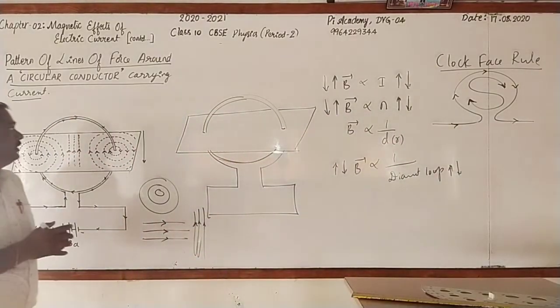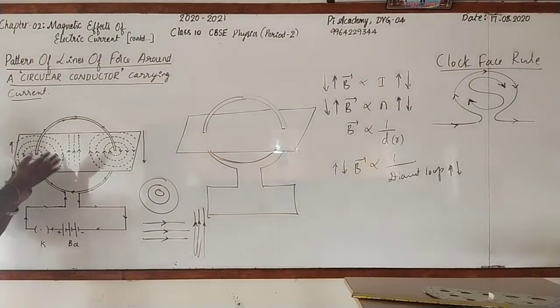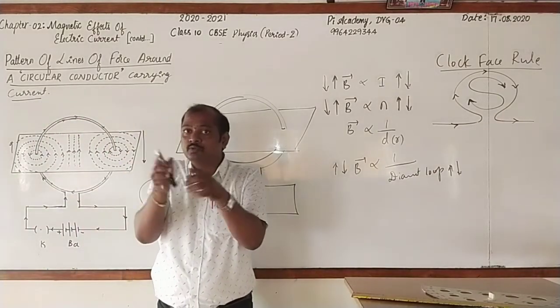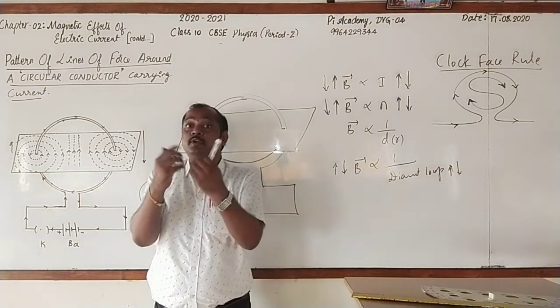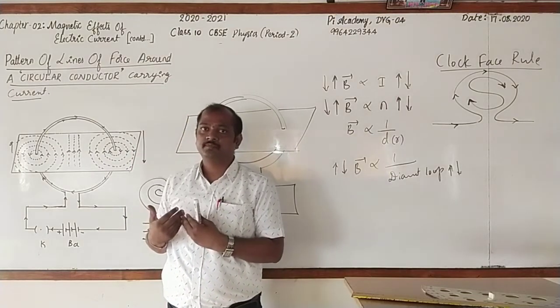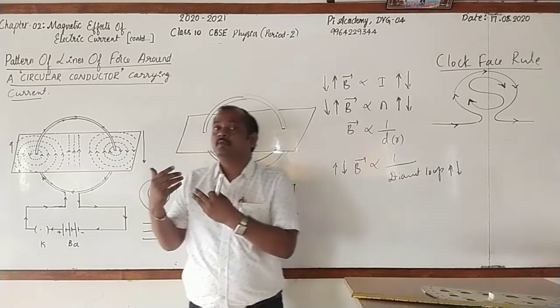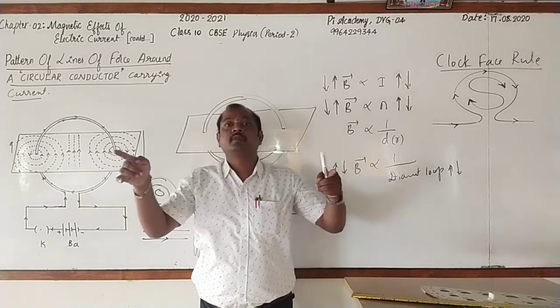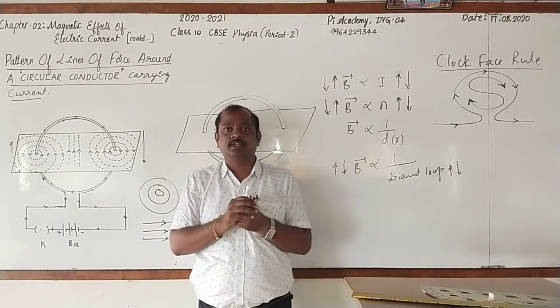Next, imagine that you are behind this board. Assume that the board is transparent and you are behind this board, but the figure is there, that means you will stand like this. Then how does the direction of current appear for you when you stand here? Yes, when you stand here, it appears as if it is flowing in the anti-clockwise direction.